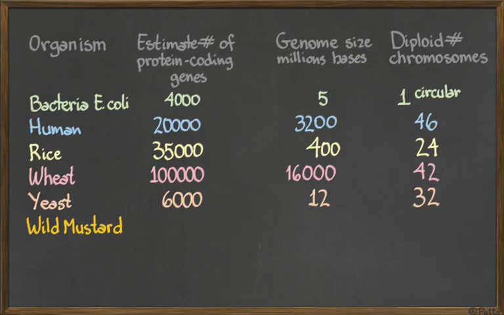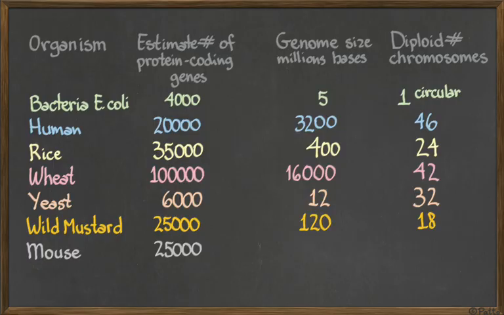Okay, wild mustard, a plant. Okay, another plant, and about the same number, a little bit more than we expect to find in humans, number of genes, but a smaller genome and 18 chromosomes. Okay, mouse, we are coming back here to mammals. Mouse is a mammal just like us, so should have, oh look, a little bit more genes than we have, and a little bit less bases in the genome.